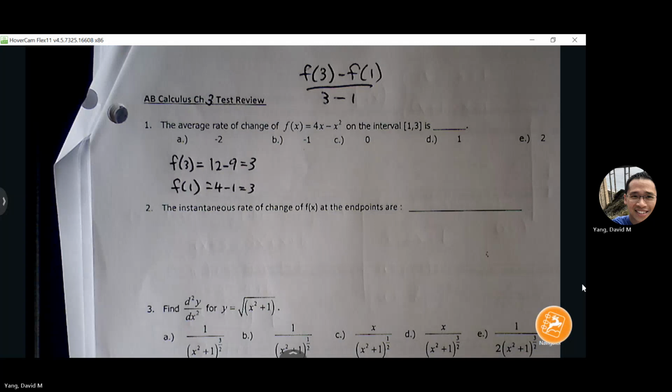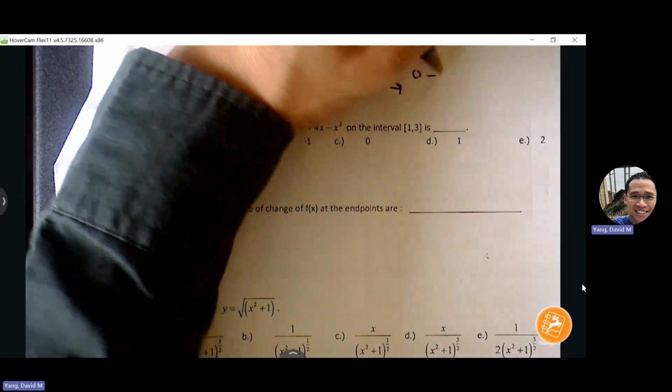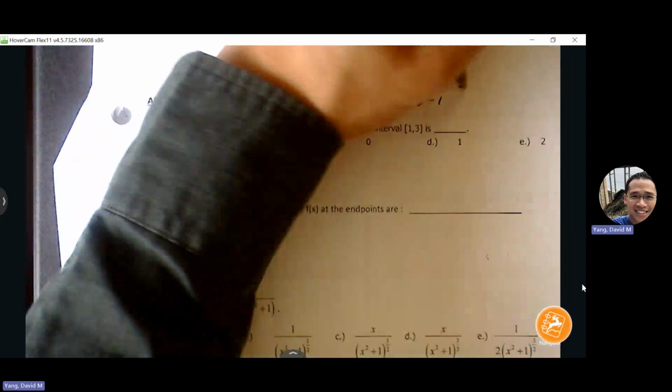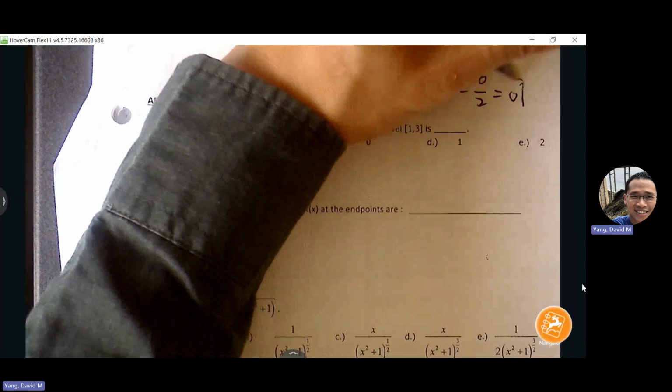Okay, slope between the endpoints here. So 0 minus 0 over 3 minus 1. That's just 0 over 2, which is 0.